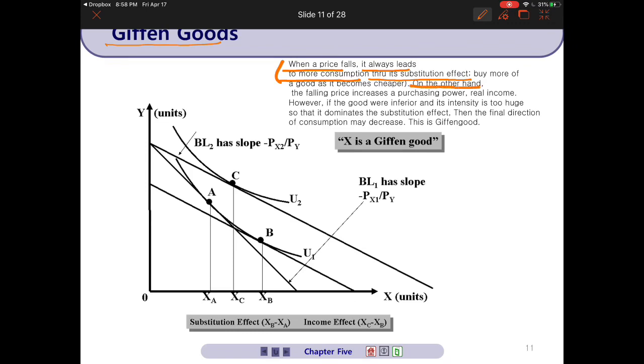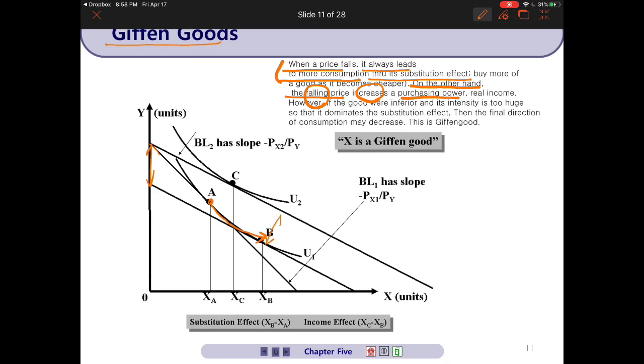On the other hand, the falling price also increases purchasing power, right? The shift from A to B is the substitution effect, right? And from B to C is always the income effect, right? So a falling price increases your purchasing power by the compensating variation.